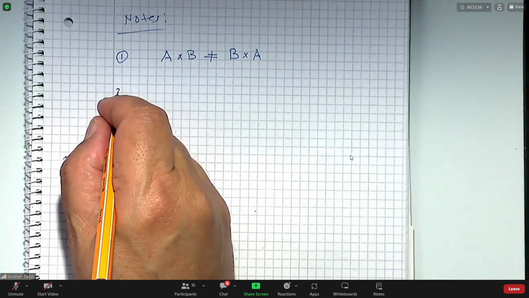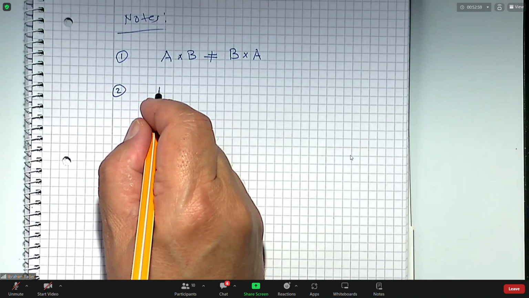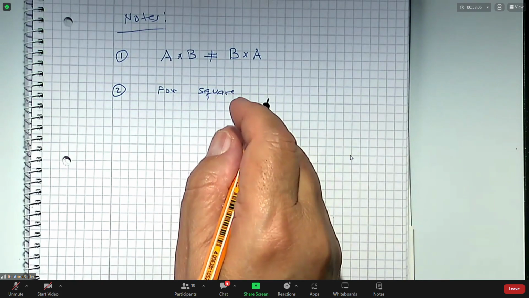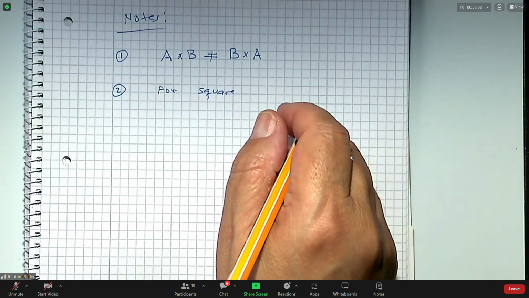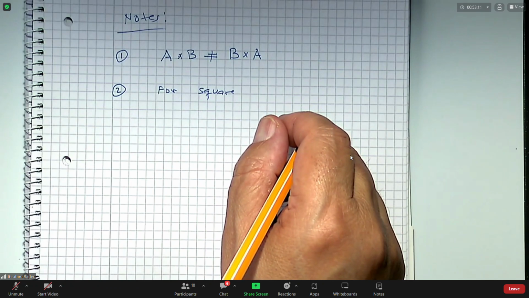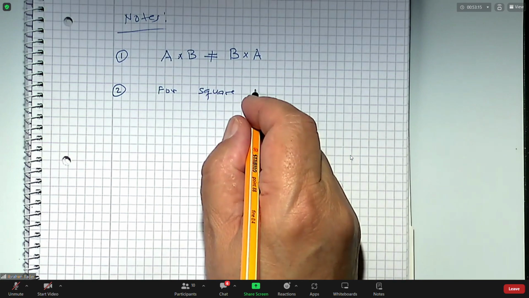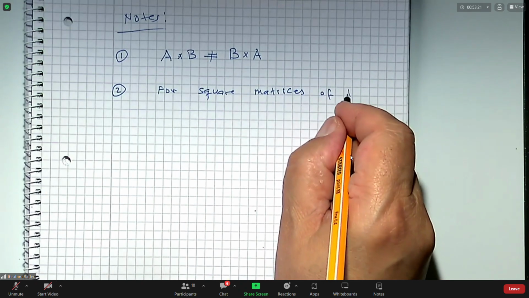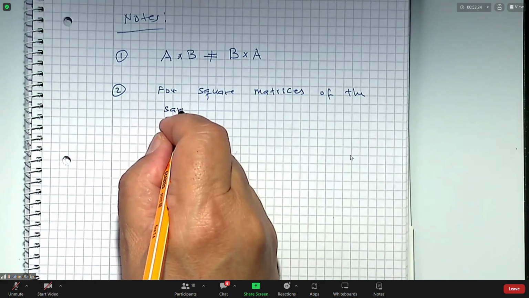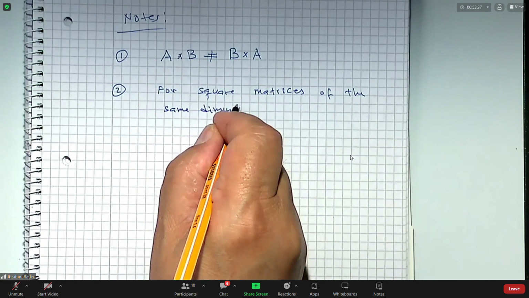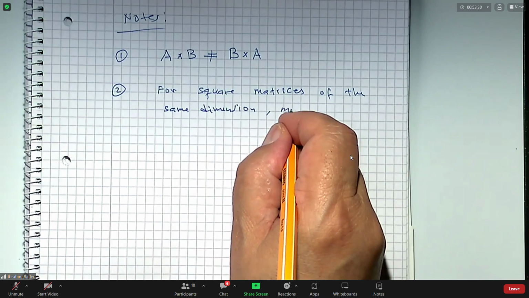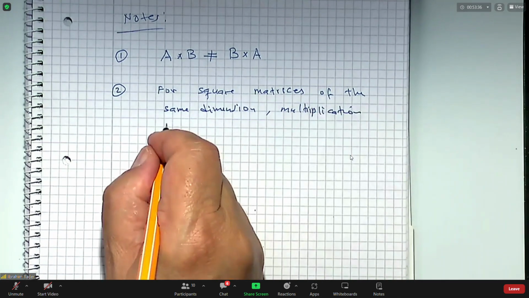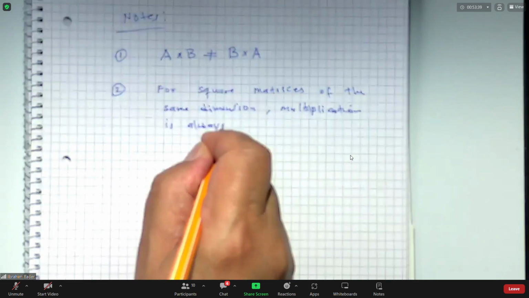Okay, the second thing here is that for square matrices, remember, matrices that have the same number of rows and columns, square matrices of the same dimension, multiplication is always defined because they have the same number of rows and columns.